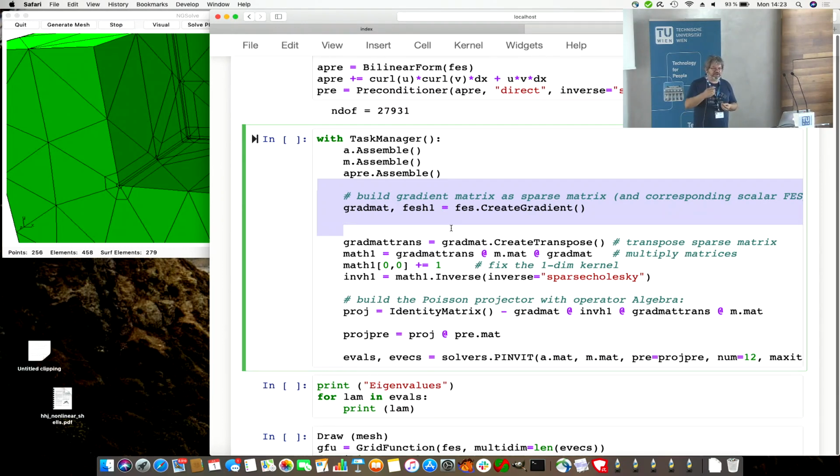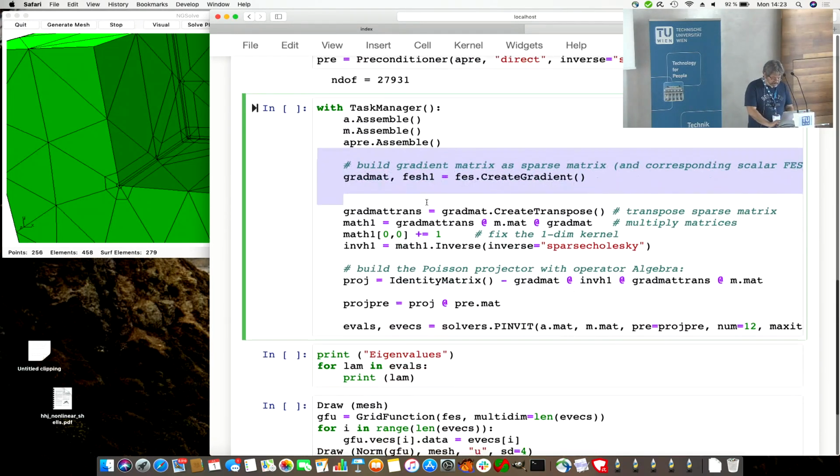What is the embedding from the H1 into H-curl? It gives us a sparse matrix, the gradient operator from the H1 space into the H-curl space. We need this matrix to build the projection onto the gradient or the co-projection. And for this, we can now use operator notation.